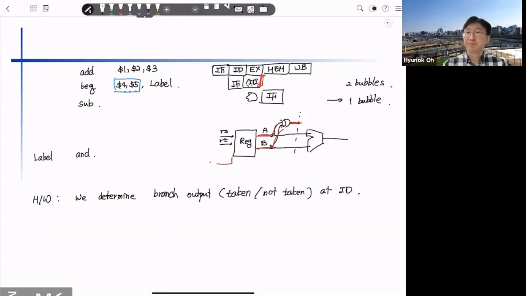Okay, so we are reducing it by one cycle. But still we have one bubble. Then how can we solve that problem? That's the question, right?